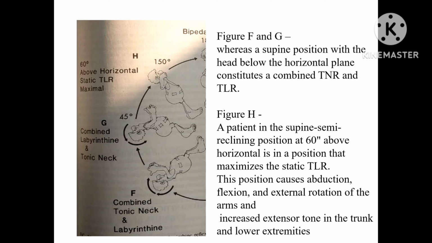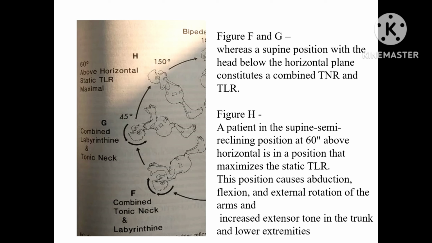The next are figures F and G. In this position the neck goes into extension, and both the tonic neck and tonic labyrinthine reflexes will be dominant. Next, figure H, that is above the horizontal. In this, the patient is in a semi-reclining position.